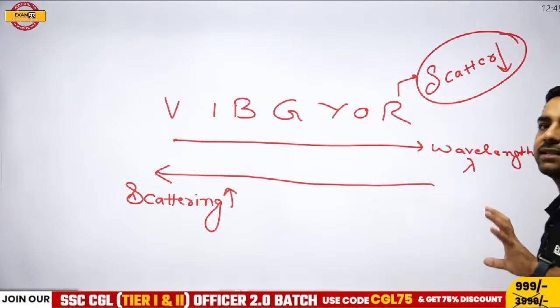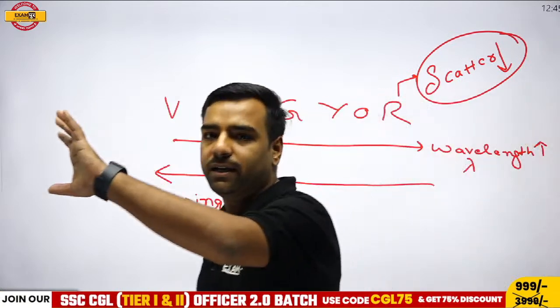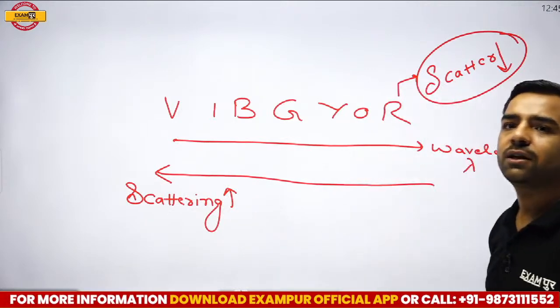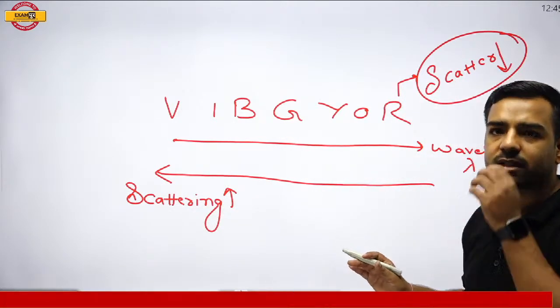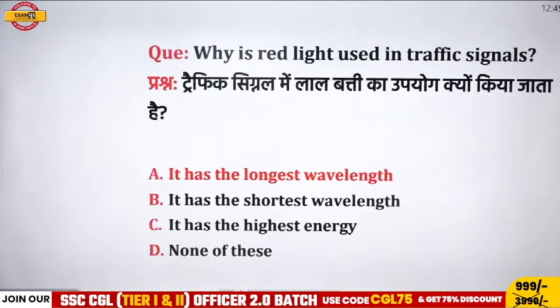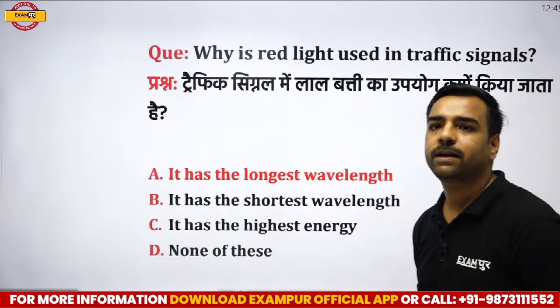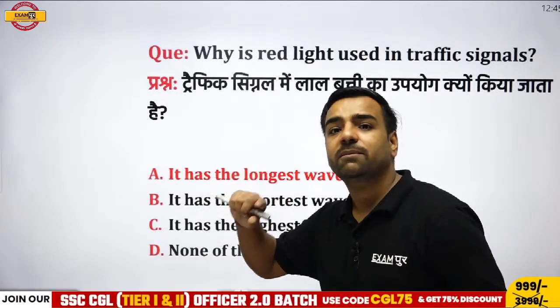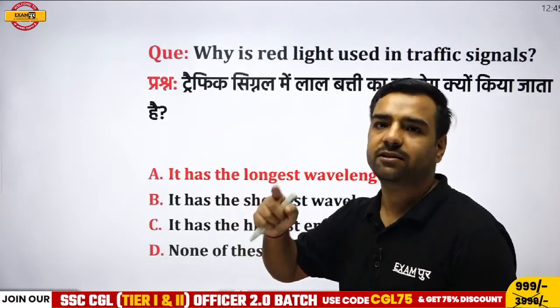So red light is actually visible from far behind. You can have a look at the red light from a long distance as well. Okay, so I guess this point is clear. Please remember this part, it is an important one. Red light has the longest wavelength, right? That's true, Abhijit. Red light has the maximum wavelength and it will scatter the least.